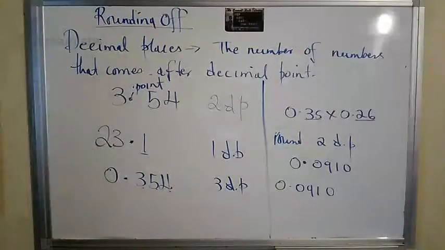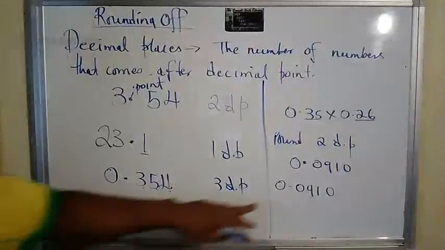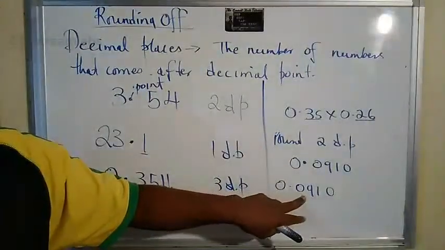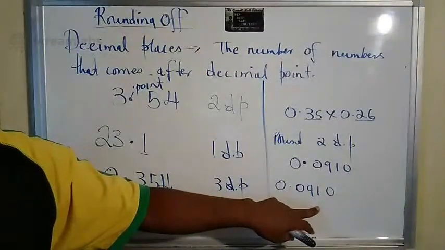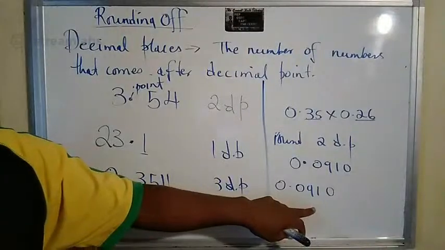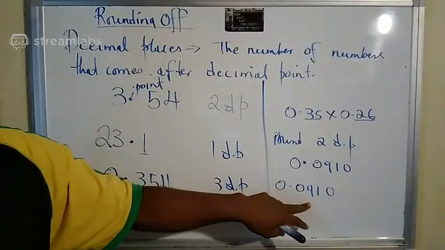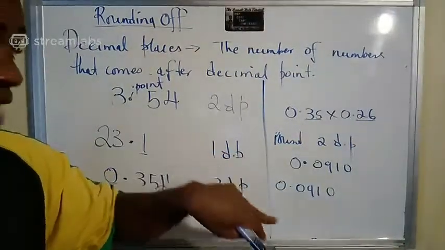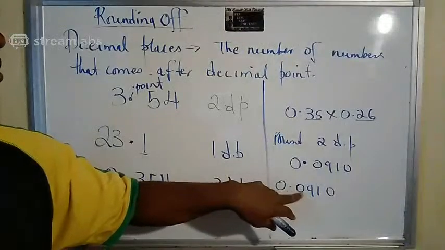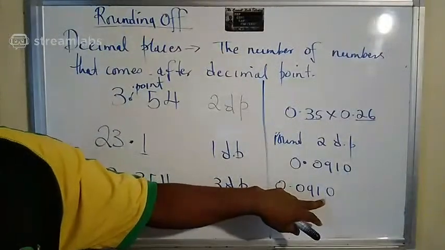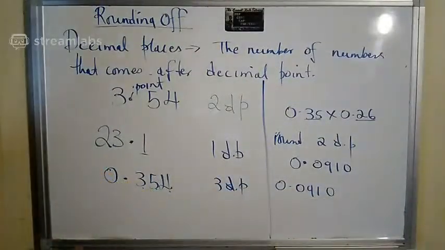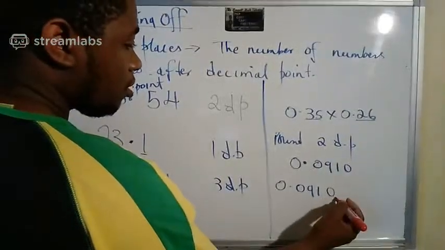So we're going to round it off to 3. If we round it off to 3 decimal places, it means only 3 numbers must come after the decimal point. See it? 1, 2, 3. To get it, come to the 4th number.